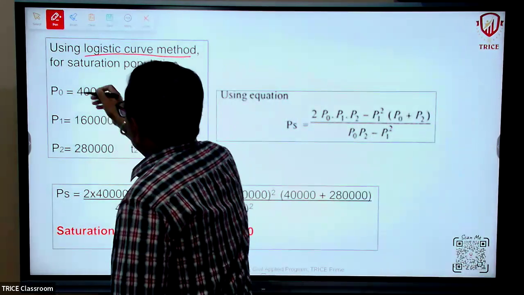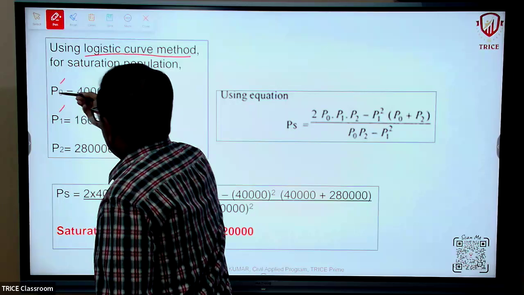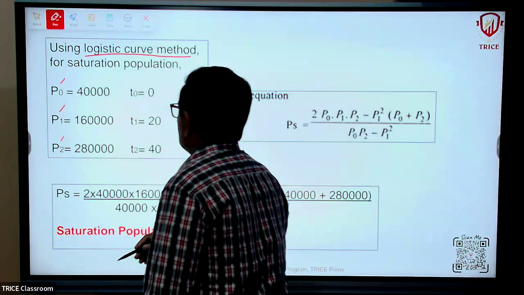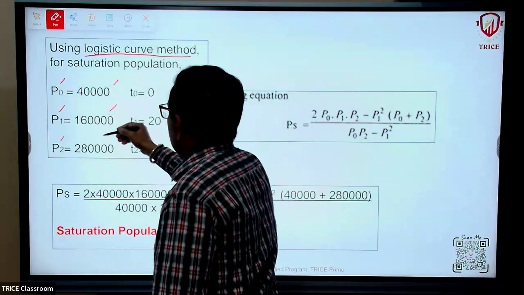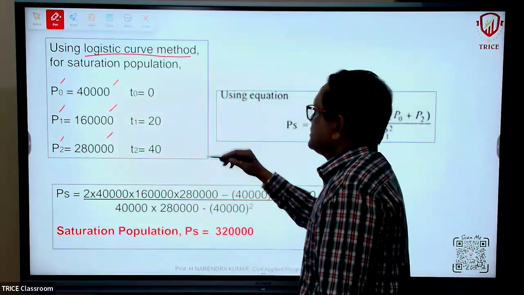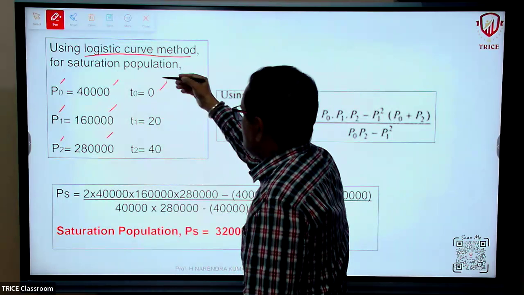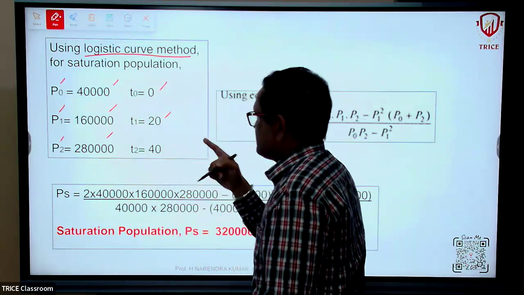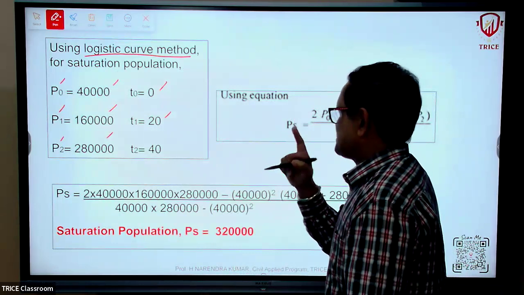So we identify the first as P naught, the second as P1, the third as P2, and accordingly we copy 40,000, 1,60,000, 2,80,000, and we capture the time frame as T naught is 0, T1 is 20, because it is for every 20 years; you must be very careful.